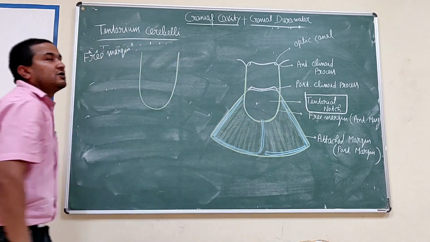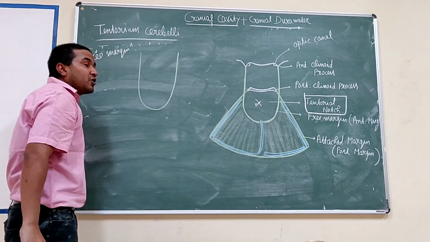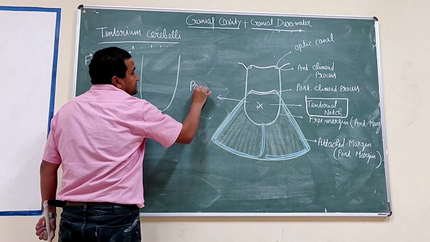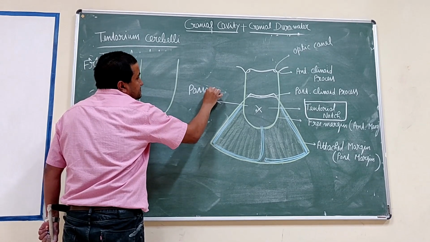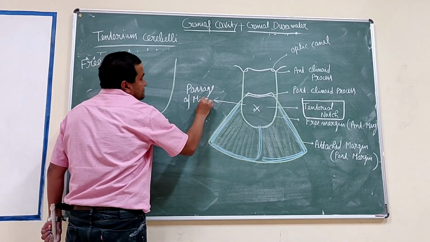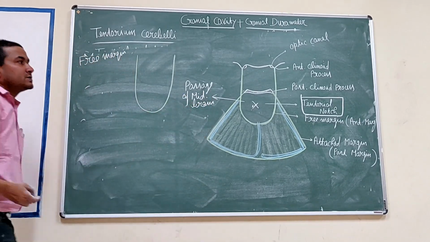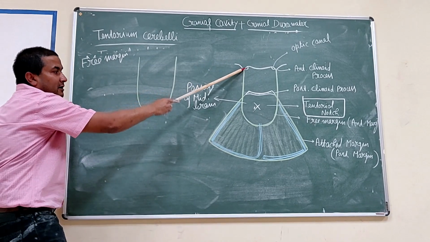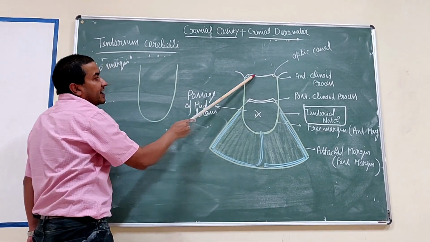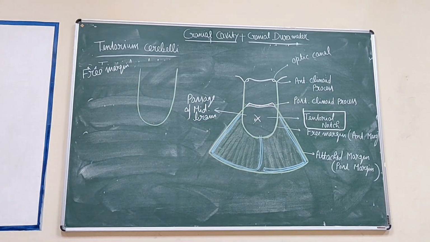This is the tentorial notch, and it provides the passage for the midbrain. So, anterior margin, concave margin, U-shaped margin, only the anterior end is attached to the anterior clinoid process.